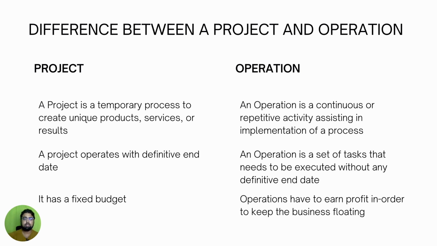So these are the difference that we have between operations management and the project management. I know this is a short video. We haven't covered a lot about project management, but in this video, my aim was to explain what basically is a project and give you an example as to how project management differs from that of operations management.